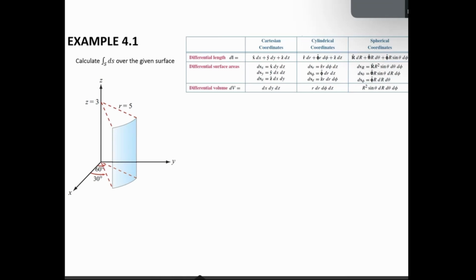This we call the direction of the given surface, surface one. Direction of r means this length is arc, times this one, which is z. So the arc is equal to r d phi times dz.